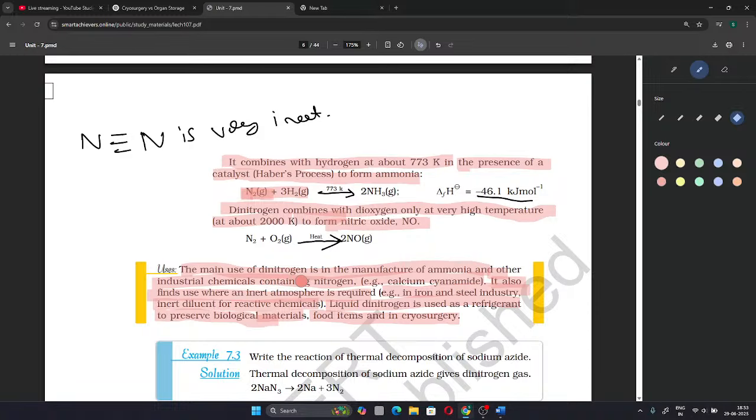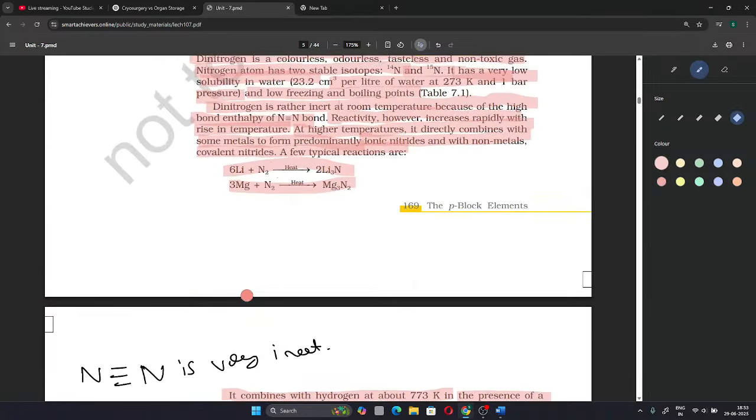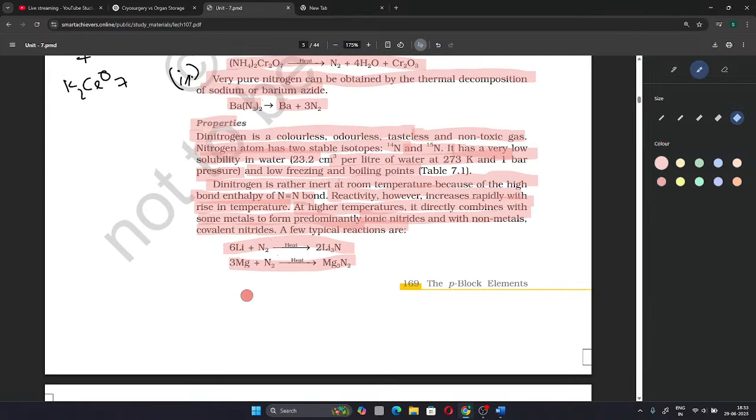Okay, they gave the properties of dinitrogen, which is a colorless, odorless, tasteless, and of course non-toxic gas.